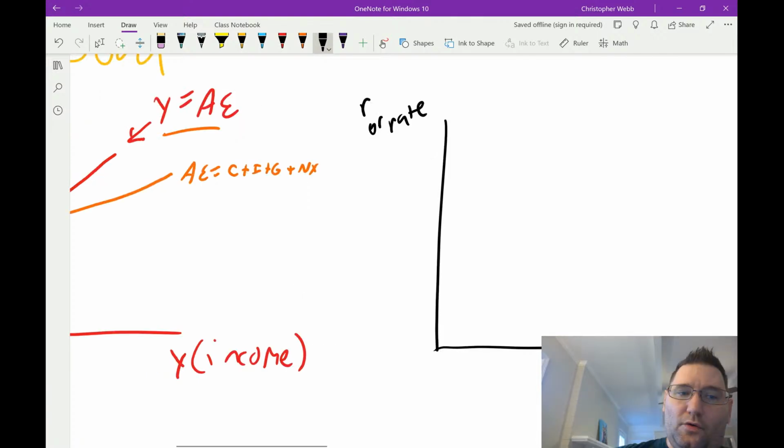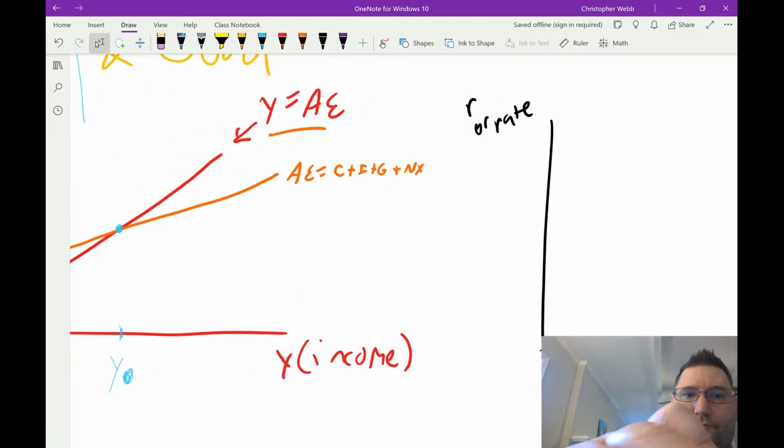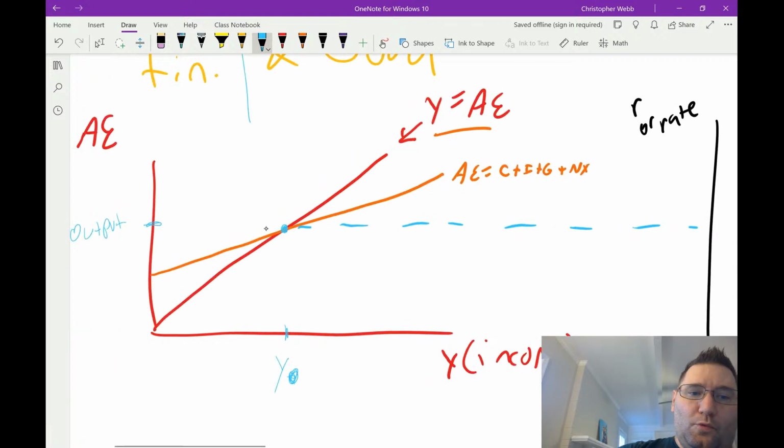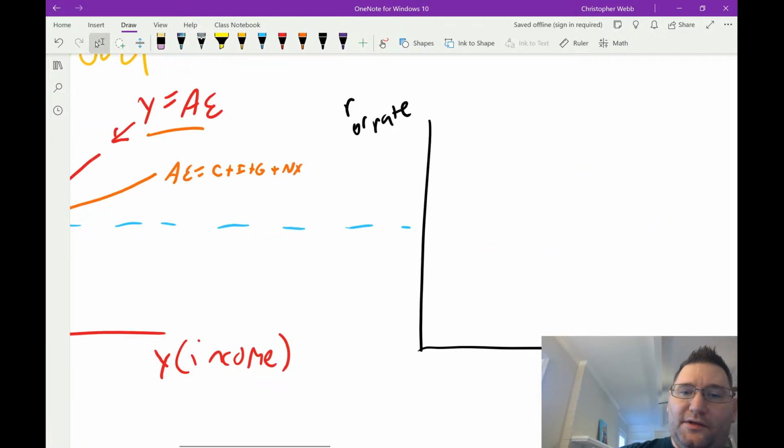So at equilibrium, making these a little larger here, if we were to grab the equilibrium point where output AE0 equals income Y0, and pop it over here on this rate, we would know that this is rate 0.